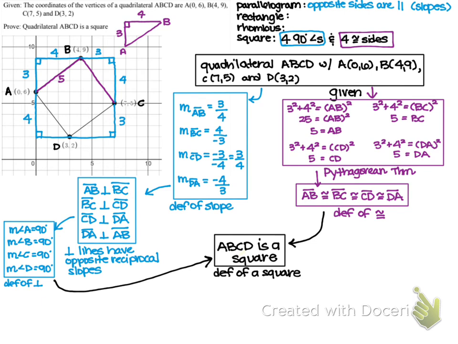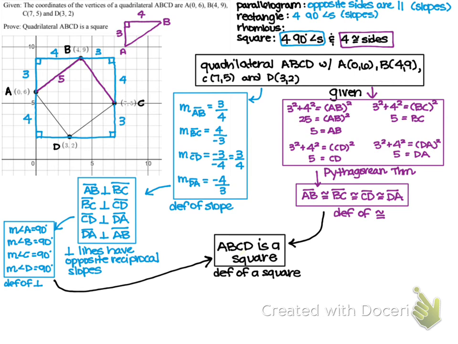Okay, with a rectangle, bare necessity for a rectangle is 4 90-degree angles. Well, 90-degree angles only occur if the lines are perpendicular to each other. That's slopes again. So this is 4 90-degree angles. So all you're doing again is slopes.